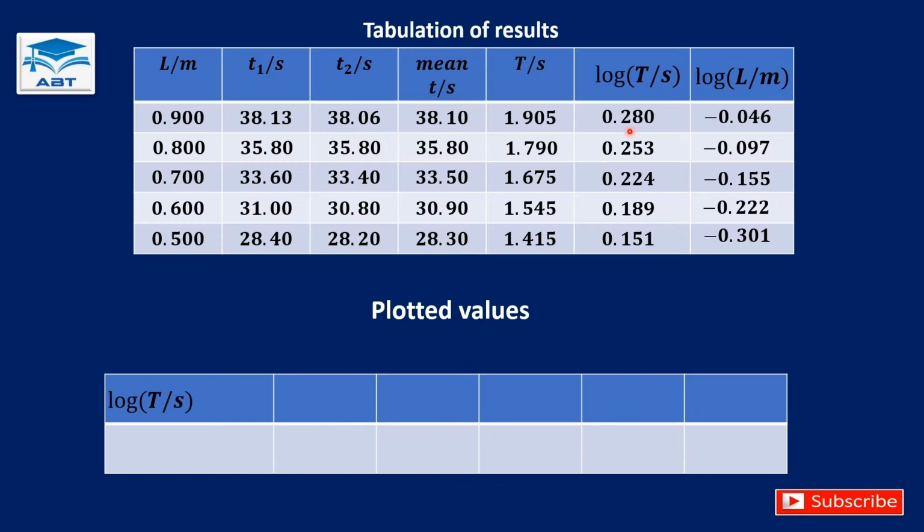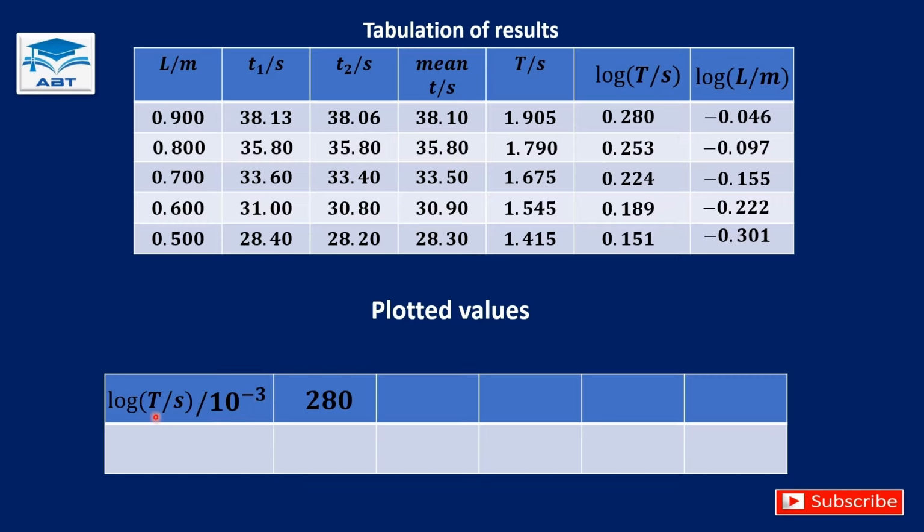The first value on the log t axis is 0.280, and plotting 0.280 on the graph is going to be very challenging. So what we will do is change it to standard form. We move the decimal point 1, 2, 3 and record it as 280 times 10 exponent negative 3.